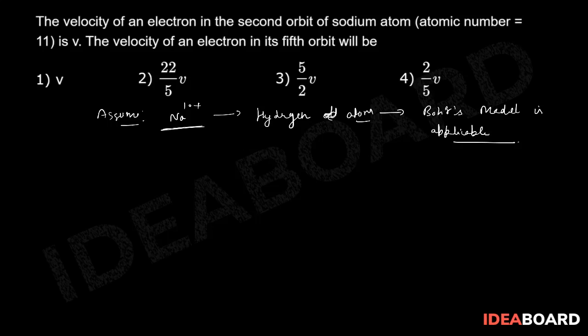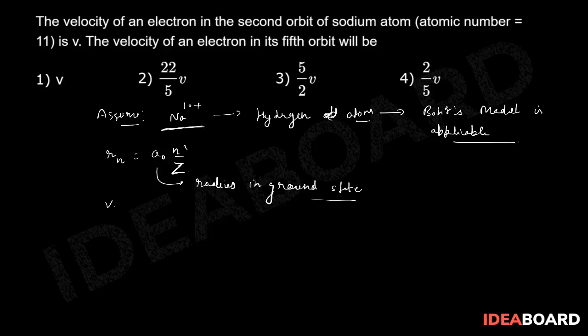So I obtained a few results, that Rn is equal to A naught into n square by z, where A naught is the radius in ground state. Correct?